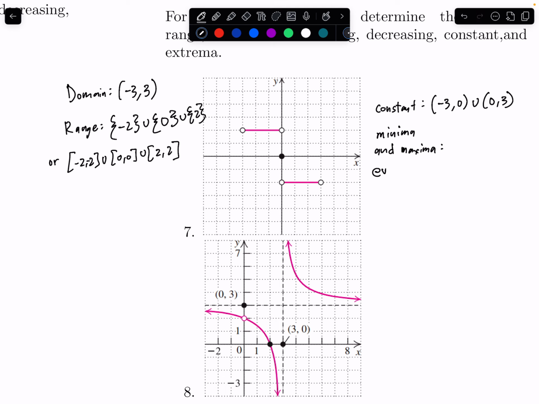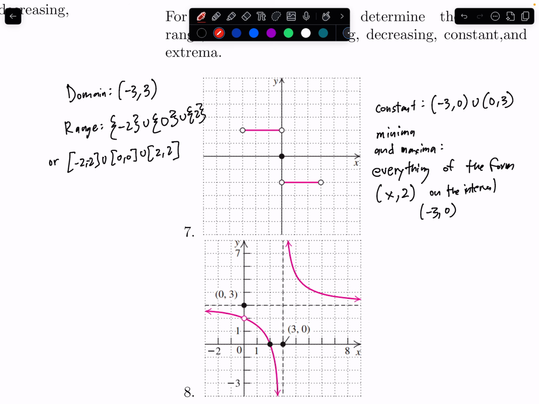So how do you write that? Kind of like we wrote before. Everything of the form x comma 2 on the interval -3 up until 0.